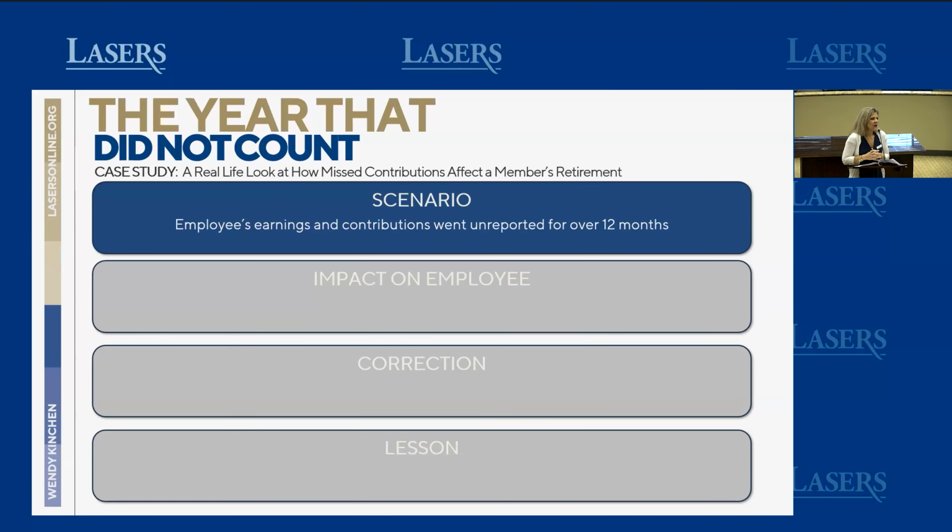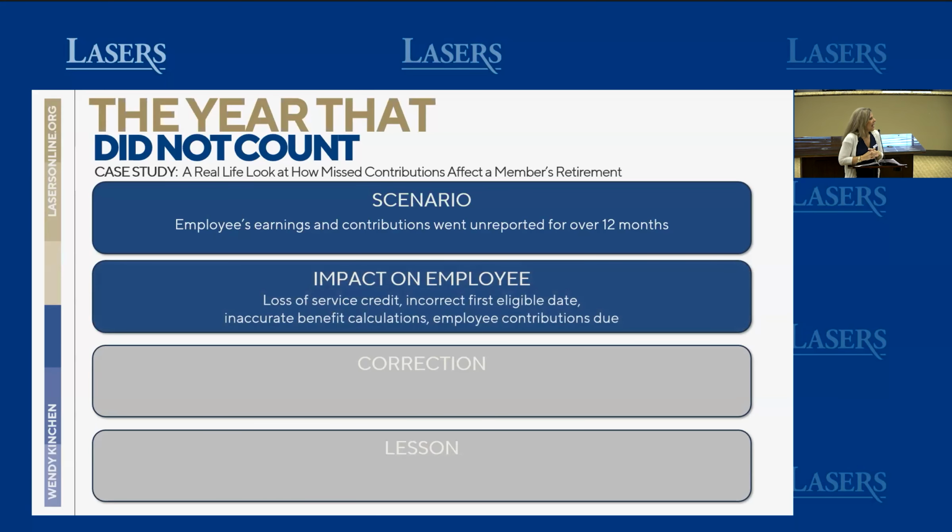Let me tell you a little story about reporting. We have an agency that had a new hire. They did not enroll that new hire. Their earnings went unreported for 12 months. That had a huge impact on that employee. It caused that employee to lose service credit.